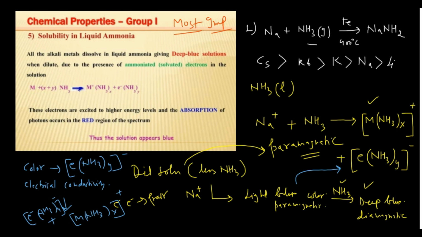These solutions are strong reducing agents. Why reducing agents? Because they have electrons, and these electrons can reduce other salts, for example metal halides to metals.